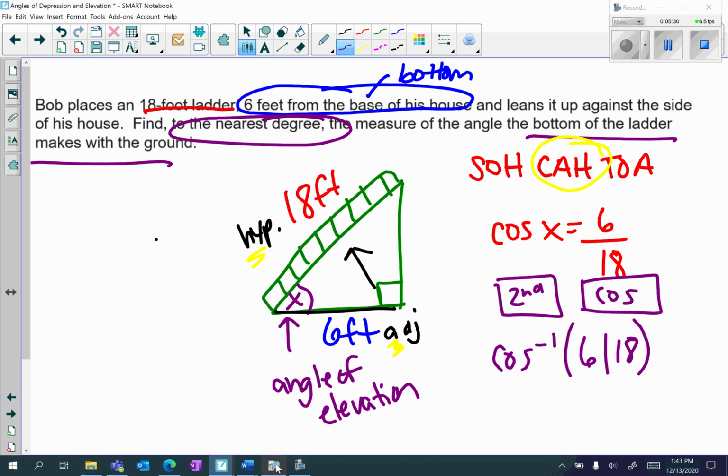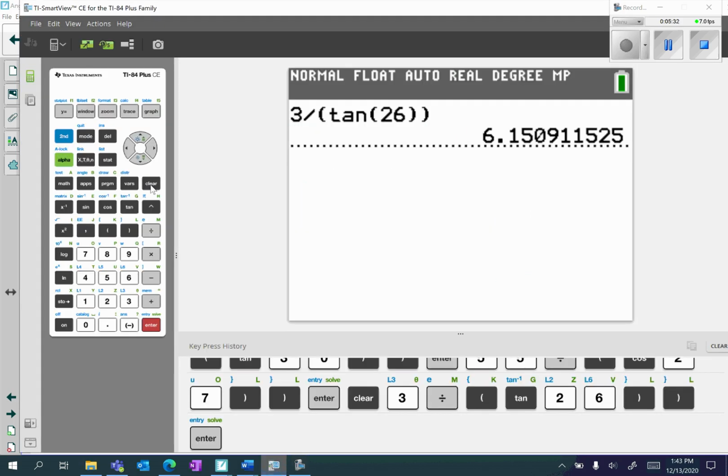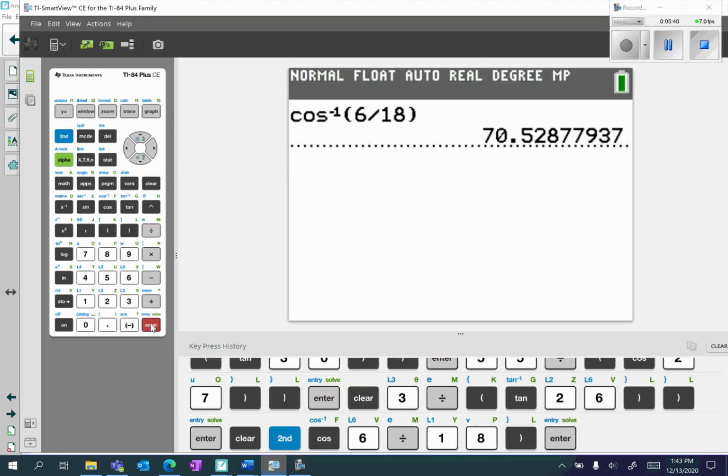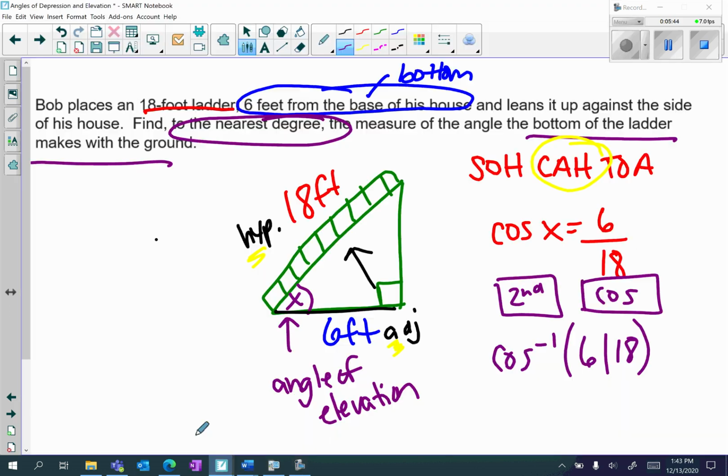Let's go to our calculator. So we're going to go to second cos 6 divided by 18. And we get 70.528. But it wants it to the nearest degree, so this is going to be 71 degrees.